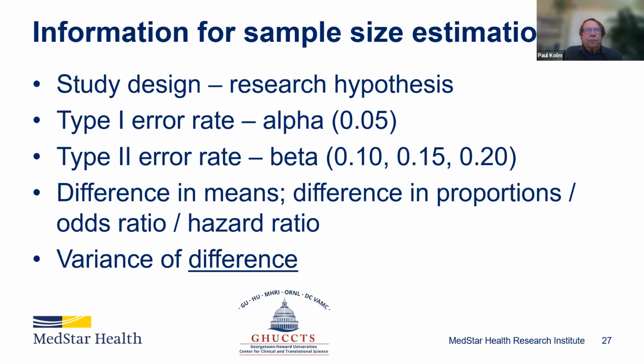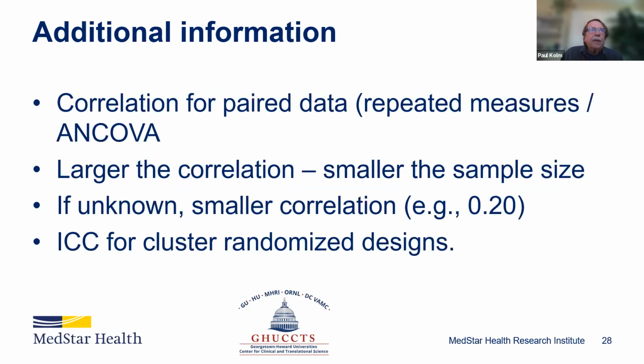And then we need to know the effect, that is the difference in means or proportions or whatever the statistic is. And then we need to know the variance of the difference, or if you have a standard deviation of the difference, then we can obviously calculate the variance. If we have correlated data or paired data, then we need to know the correlation.